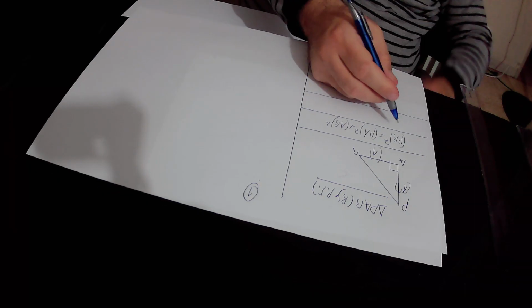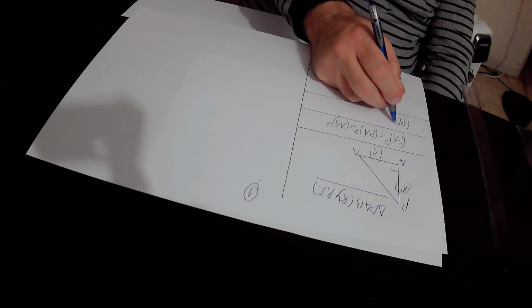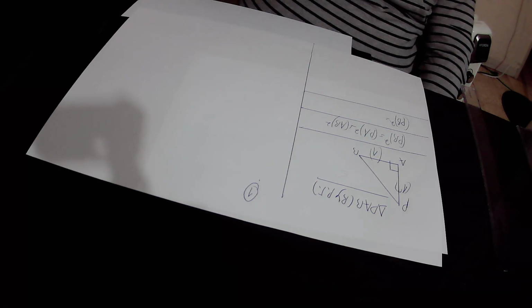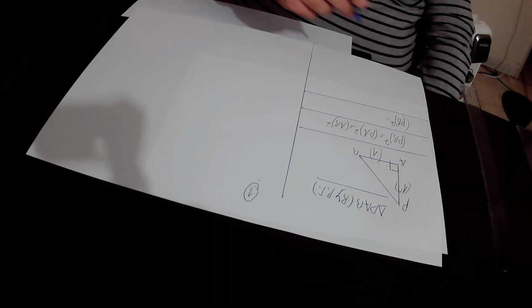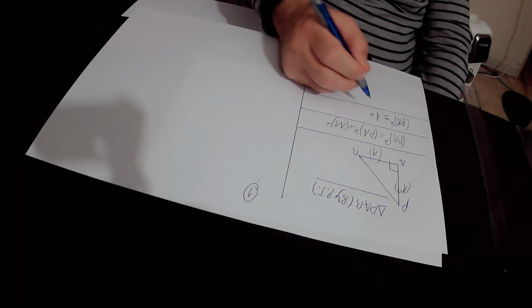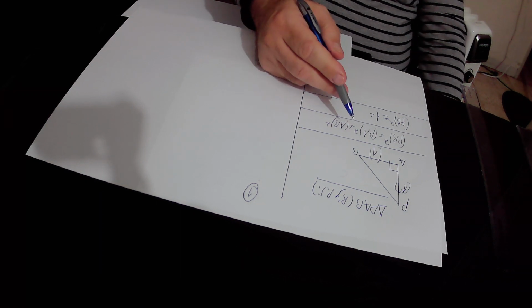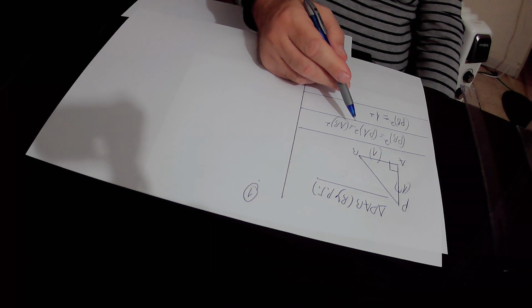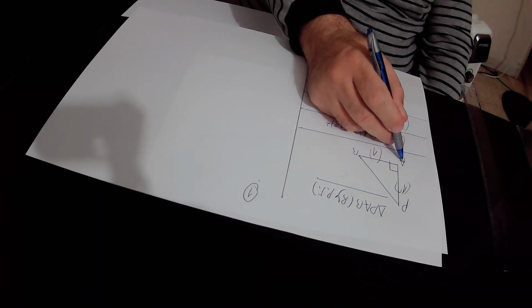PB squared, that is the square of the hypotenuse, equals PA squared. PA is 1, therefore PA squared is 1 squared, that is 1, plus AB squared. AB equals 1 unit in its length, therefore AB squared is 1 squared, that is also 1.